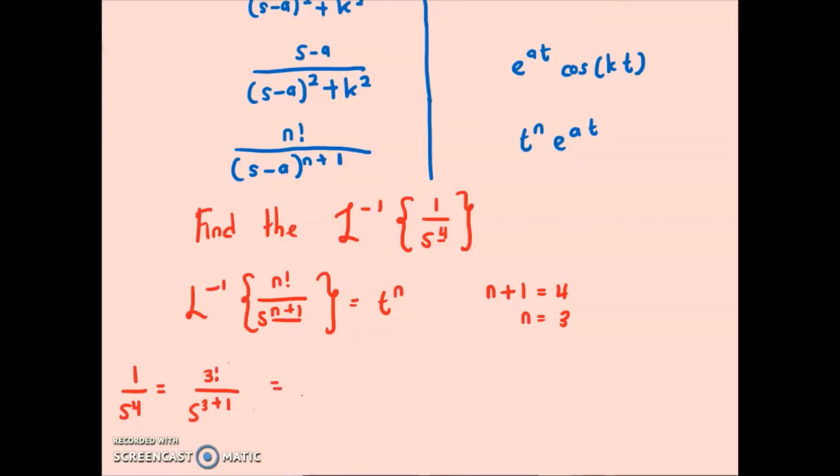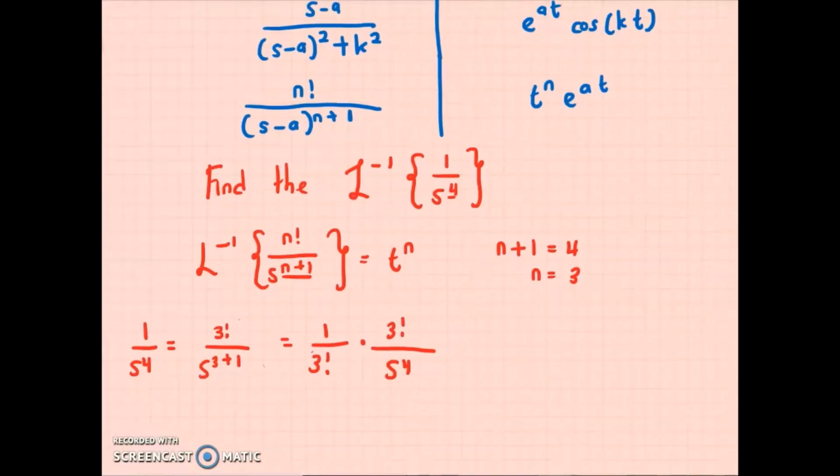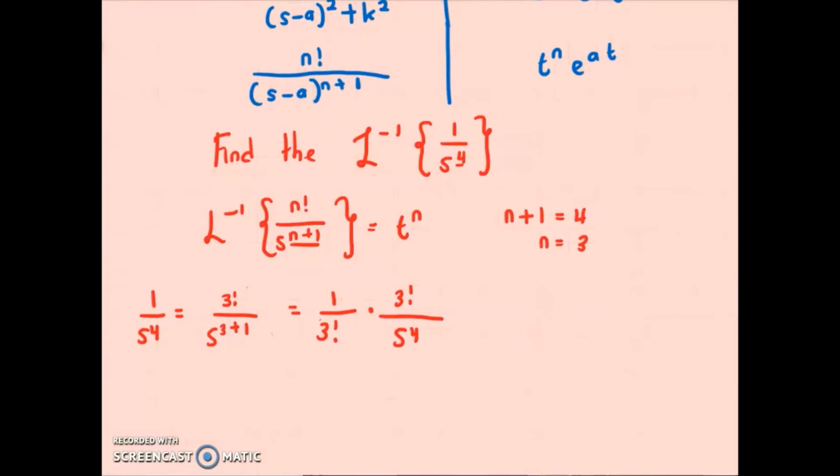So 1 over s^4 is what we want. So we have to divide by 3 factorial, and multiply with 3 factorial over s^4. Now why do we want to divide by 3 factorial? Because if I cancel these terms out, that will give me 1 over s to the power 4.